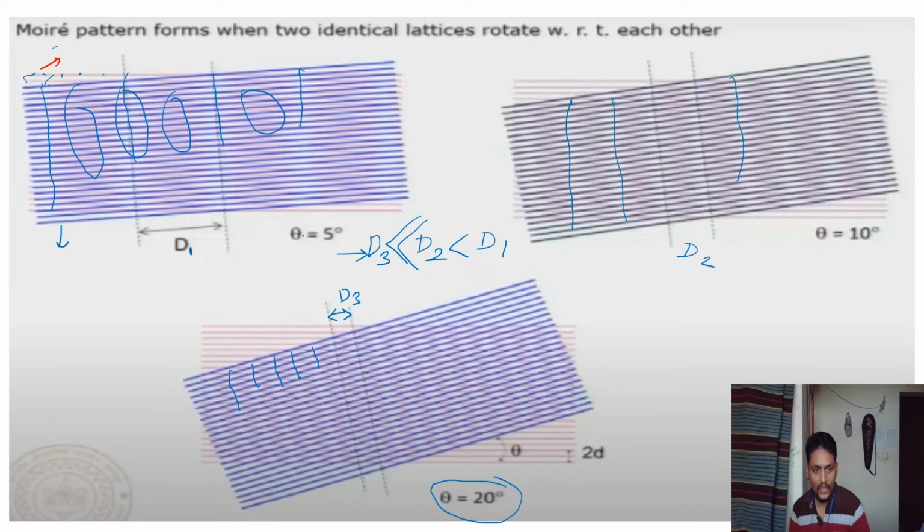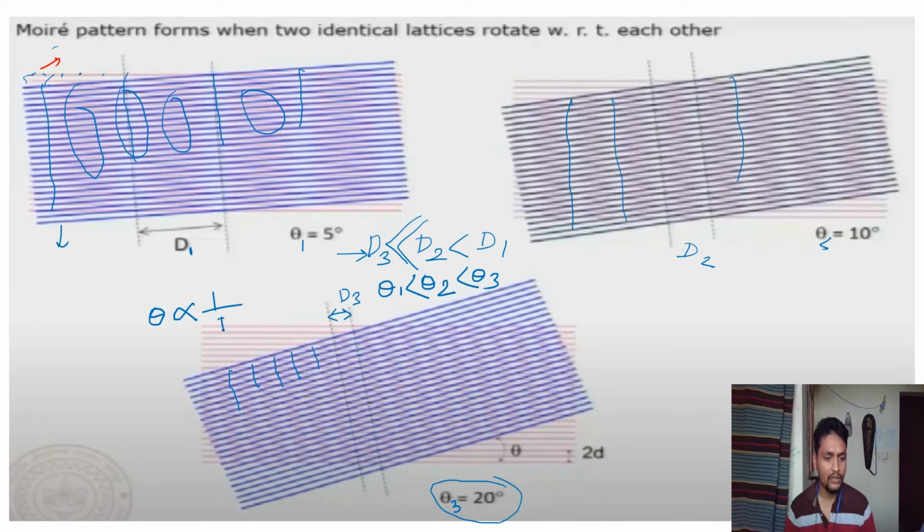And if these are theta 1, theta 2 and theta 3, let's say, then practically this angle has somewhat of a reciprocal relation with D.